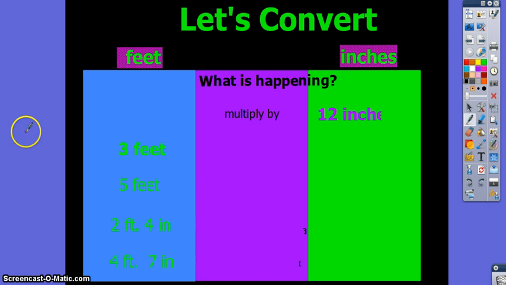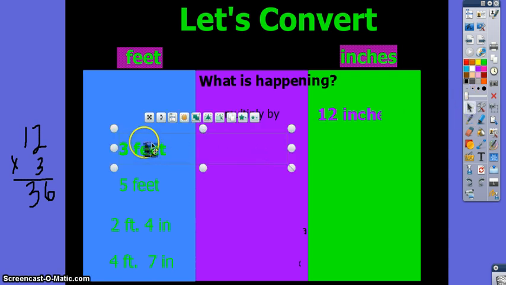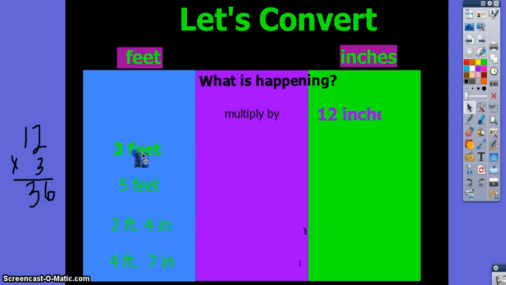So what you're going to have to do is take 12 and multiply that times 3, and you would get 36. So in 3 feet, we slide this over, it equals 36 inches. So what did we do? We multiplied by 12.